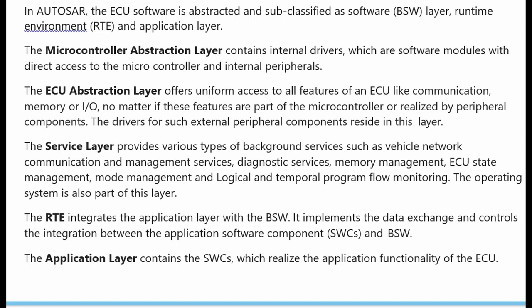All these modules come under this service layer. This layer provides various types of background services such as vehicle network communication and management service. Also mode management, logical and temporal program flow monitoring. The operating system, as I already mentioned, is also part of this layer. Then RTE.